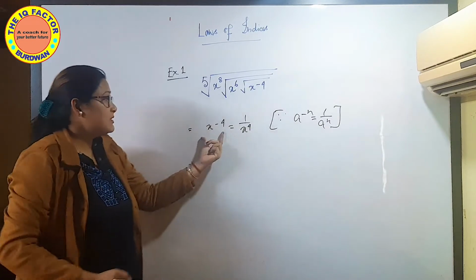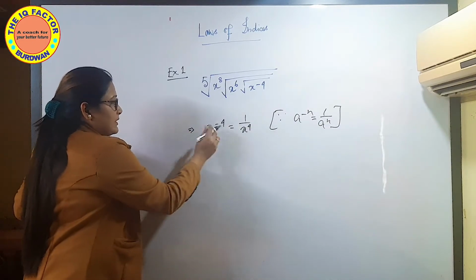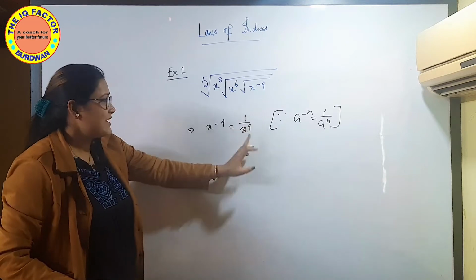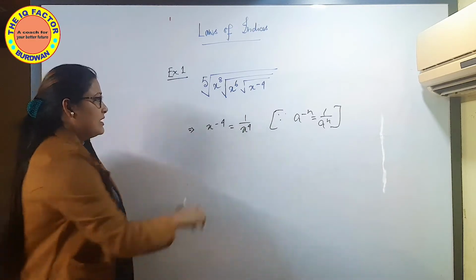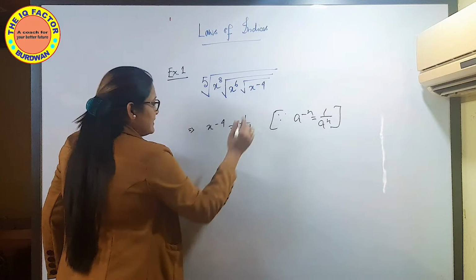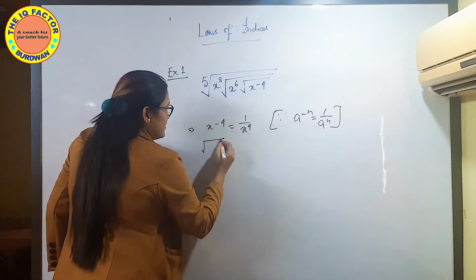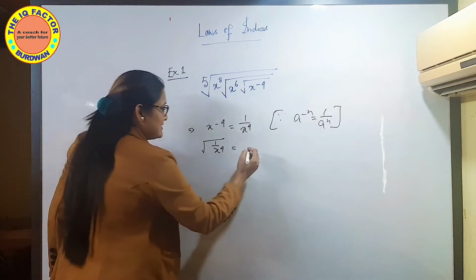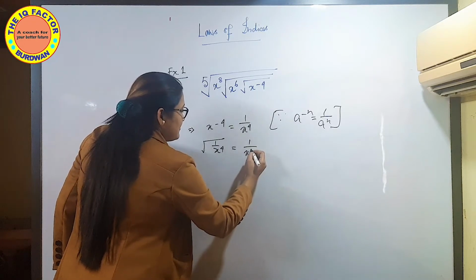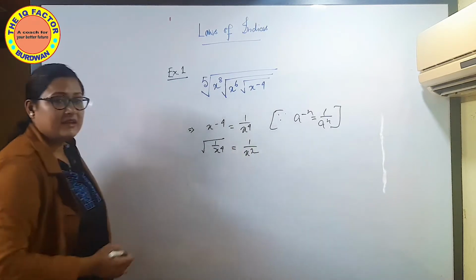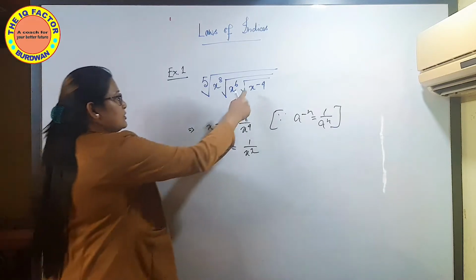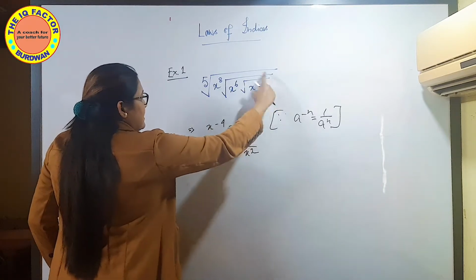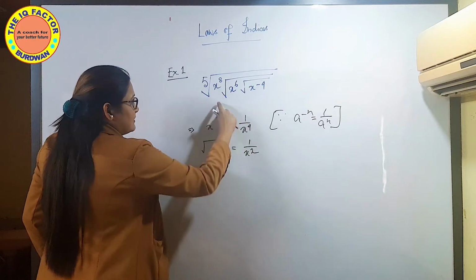So, x to the power minus 4 is equal to 1 by x to the power 4. And what is the square root of that? The square root of 1 by x to the power 4 is 1 by x square.